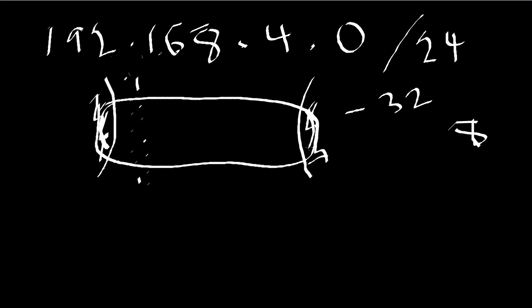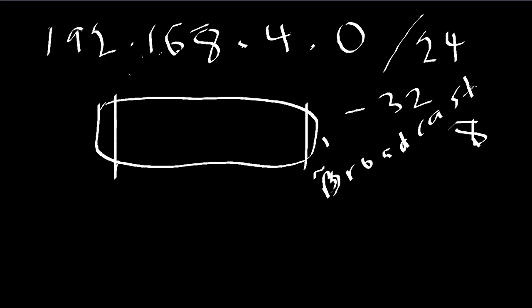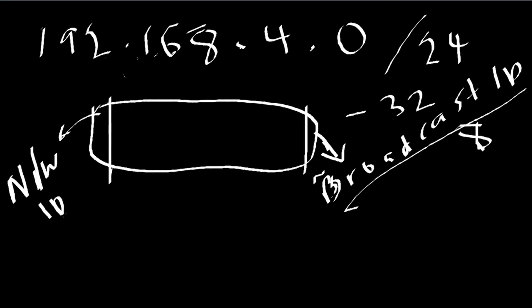So why all this? Why bread? Good. Let me clear this a bit. Cool. Now, the ends I mentioned earlier, right? Think of them as, bad handwriting, but what I'm trying to write is, think of this end as the broadcast ID and think of this side, I'm shortening it to N/W, that stands for network ID.